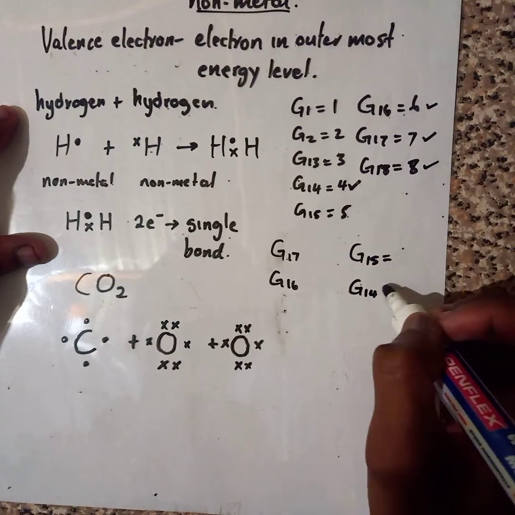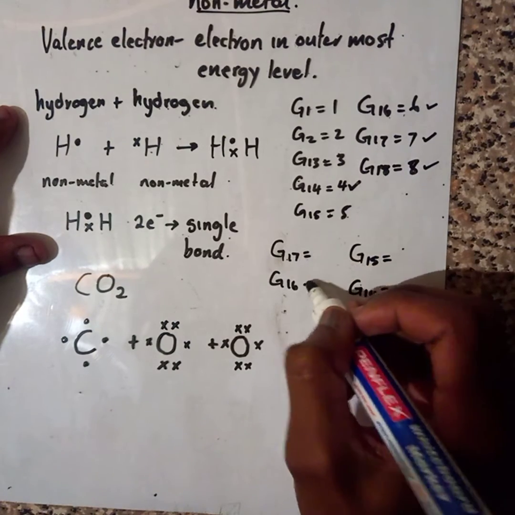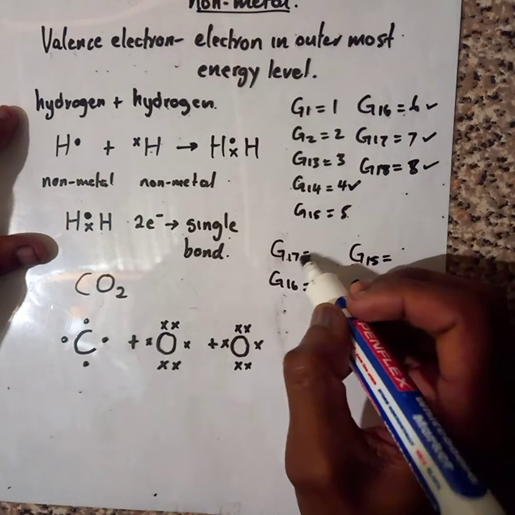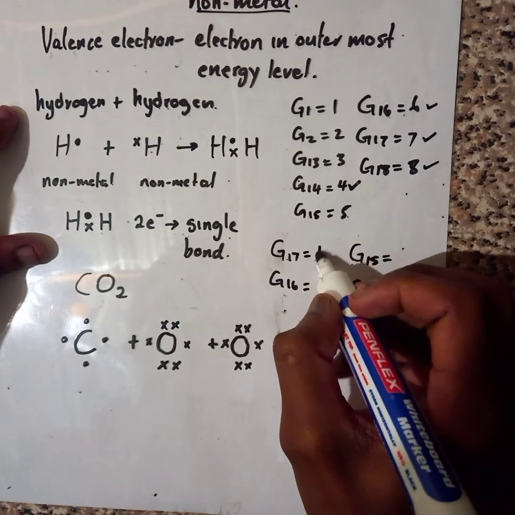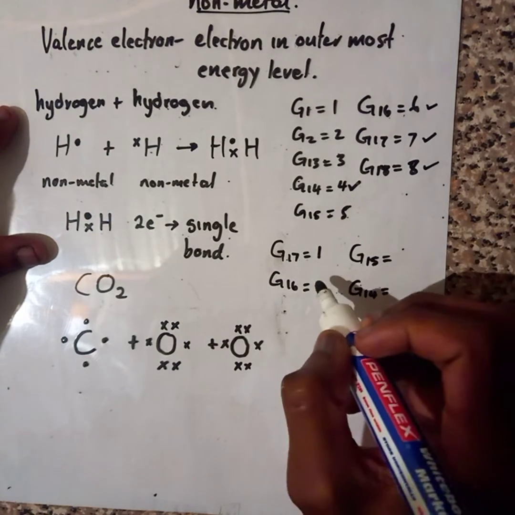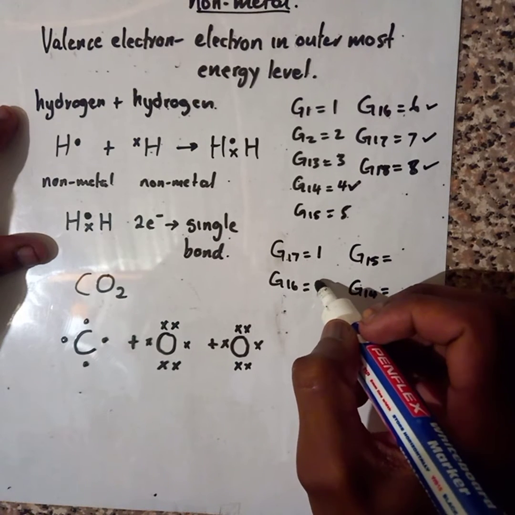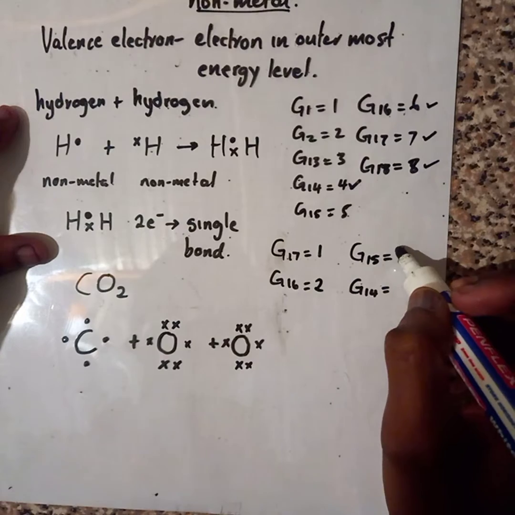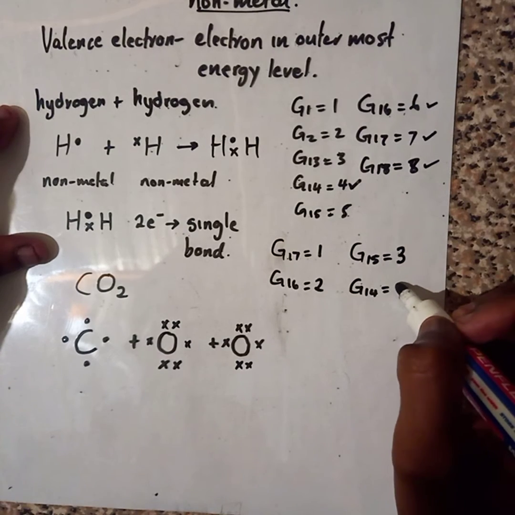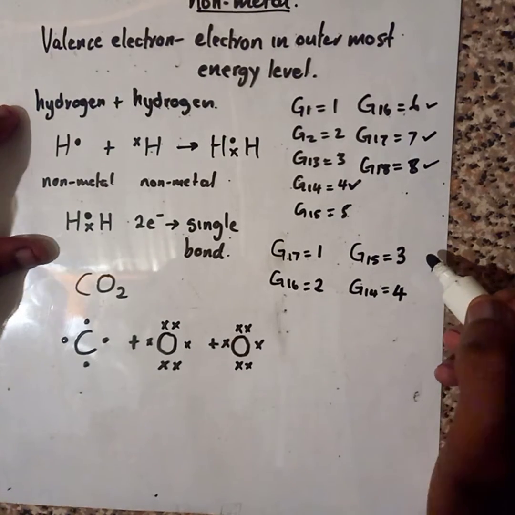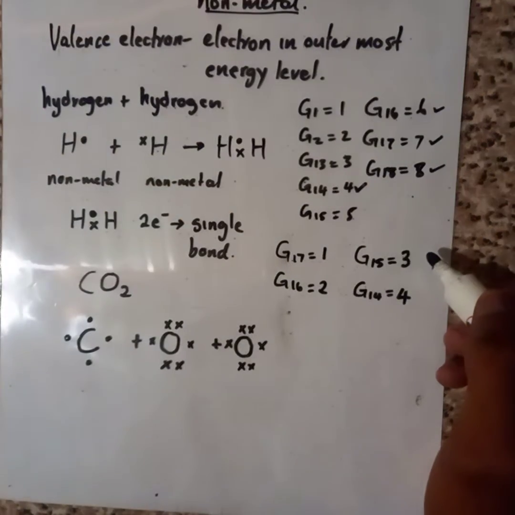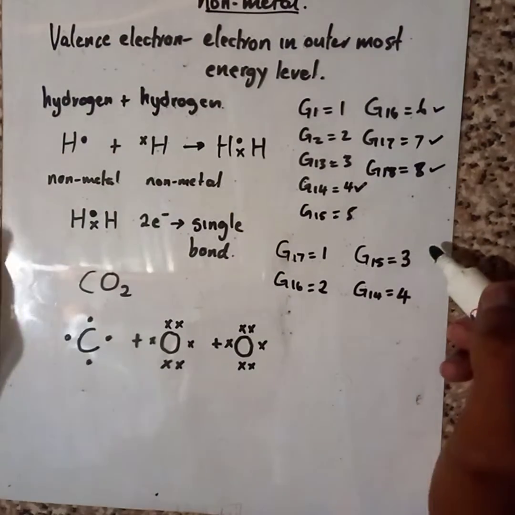You see, then group 17, they can only form one bond, don't forget that. Then group 16, they can only form 2 bonds, this one 3, this one 4 bonds. You see, they can only form 4 bonds.